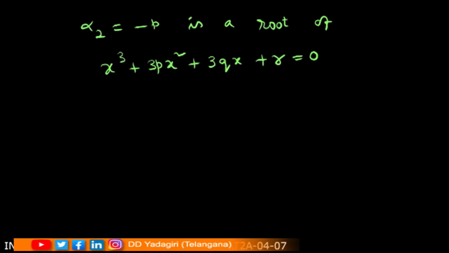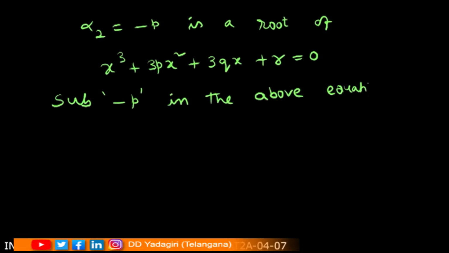So substituting minus p in the above equation. Why are we substituting? Because minus p is a root of this equation, it has to satisfy it. You substitute it, you have to get a 0 here. Is it not?